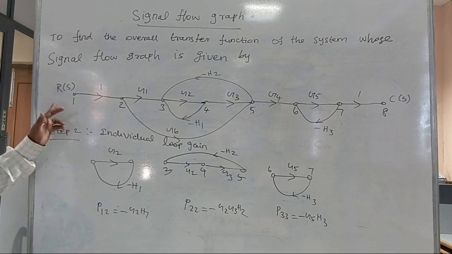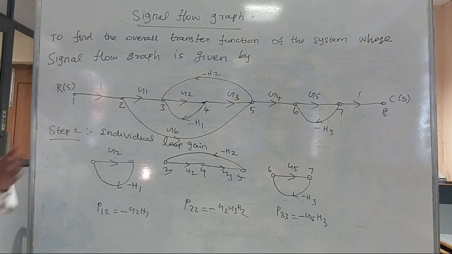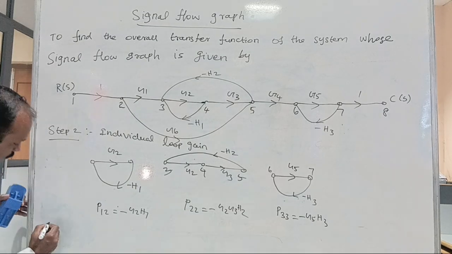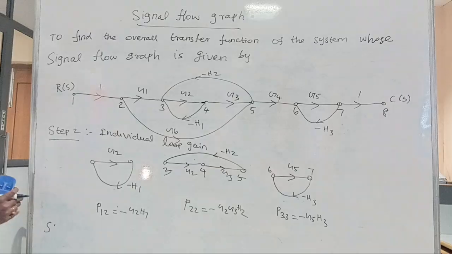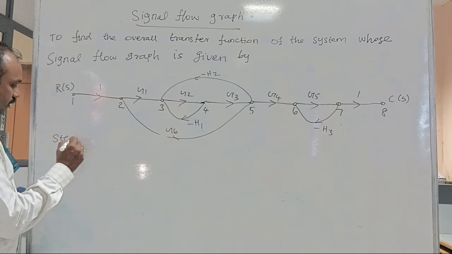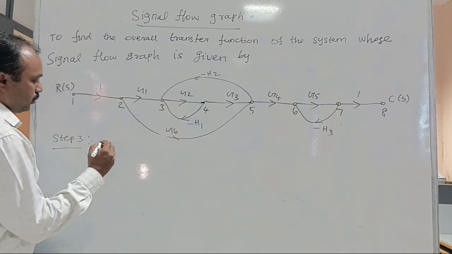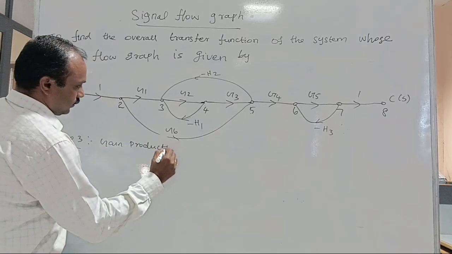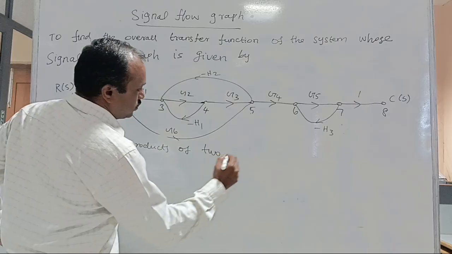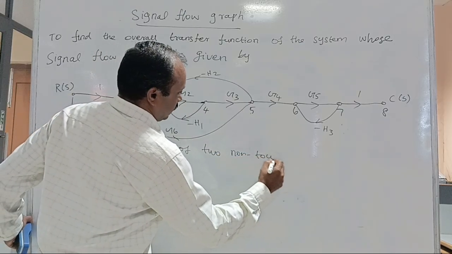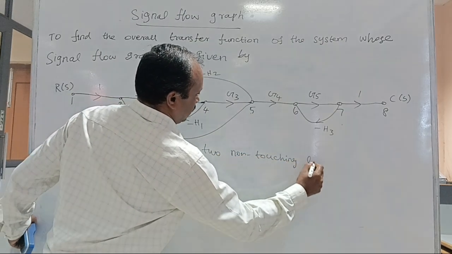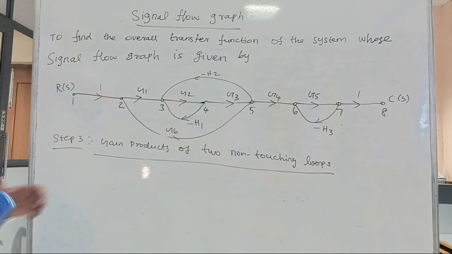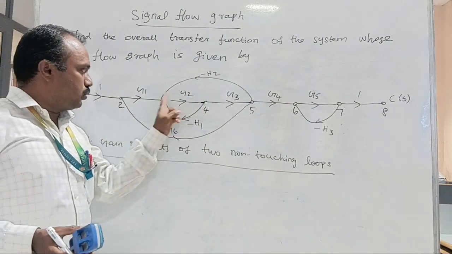Then step 3 is to find the gain products of two non-touching loops. Here the first individual loop is 3, 4.